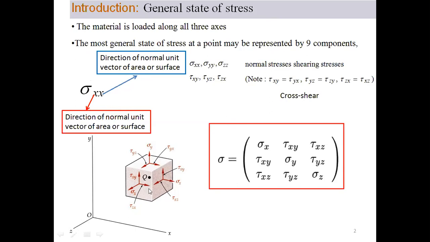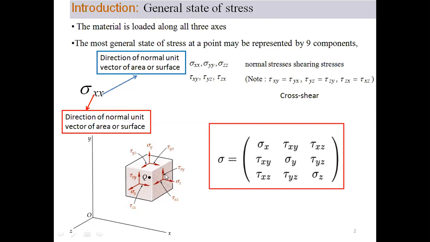So if we are talking about this face or this surface or this area, this is the unit normal of this area, and the unit normal of this area is along the x-axis. So we have to write here x. And if we look at the stress or loading, the loading itself is along the x-axis. So you have to write x. So sigma xx actually represents this stress value.